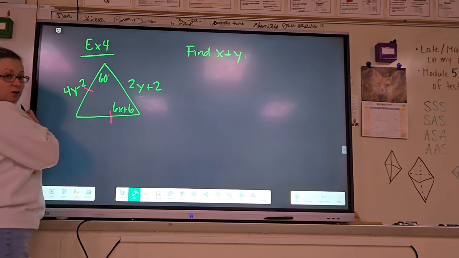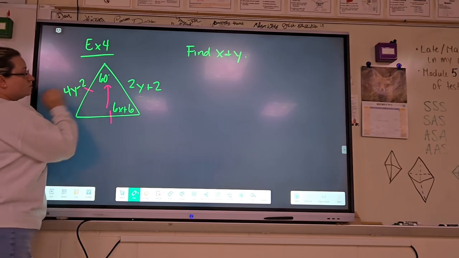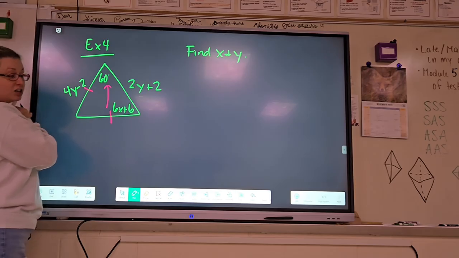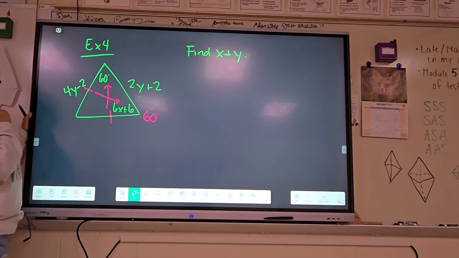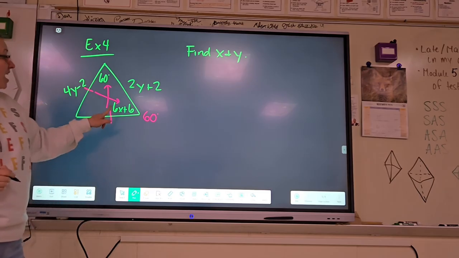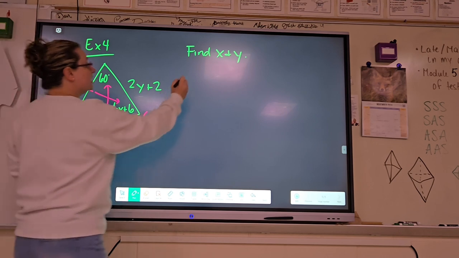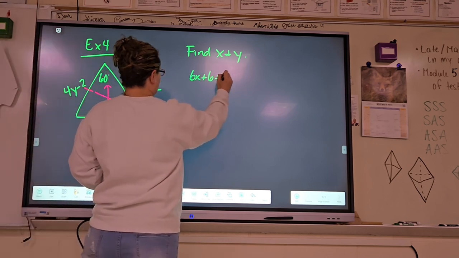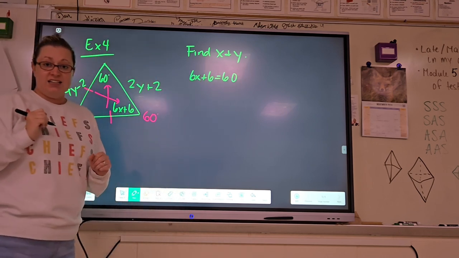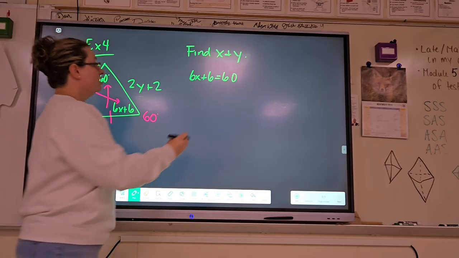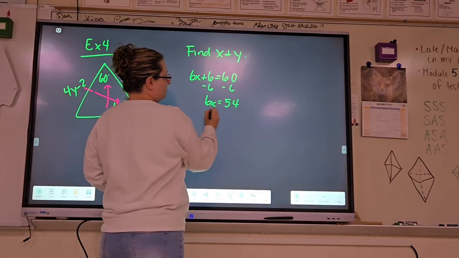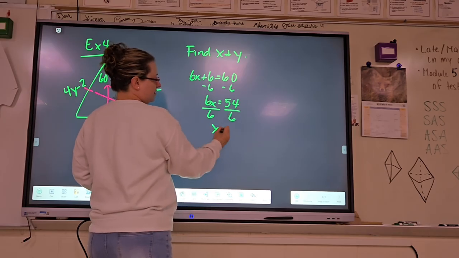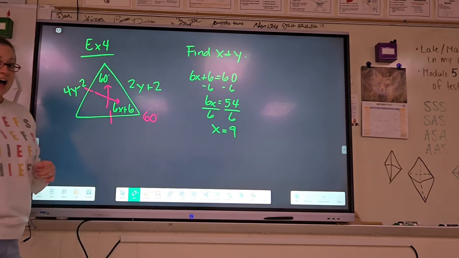These two sides are equal. Opposite this one is 60 degrees, which means opposite this one also has to be 60 degrees, right? So that means that if I'm going to find x, I can take 6x plus 6 and set it equal to 60, and I can solve that out. So subtract 6, divide, and we end up with x equals 9.